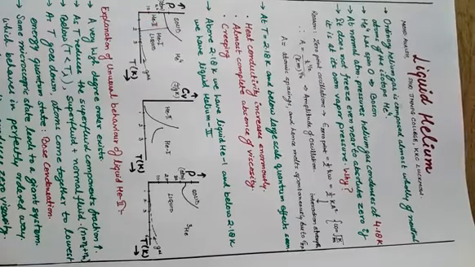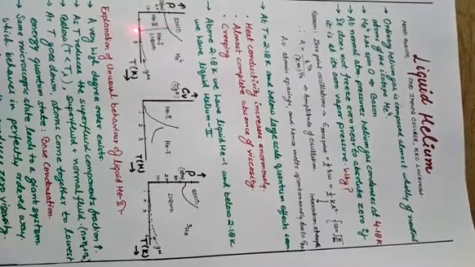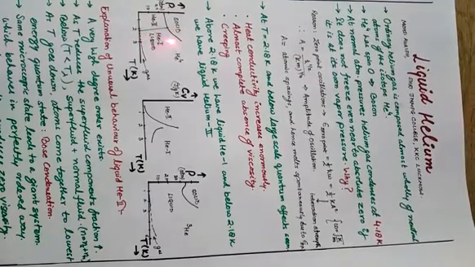Now, why is this 2.18 Kelvin temperature important? At this temperature the liquid helium goes from a less ordered state to a more ordered state. This is a kind of phase transition, a second order phase transition, in which liquid helium 1 goes into liquid helium 2.